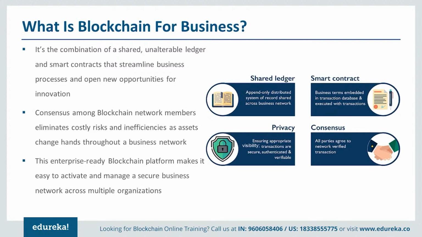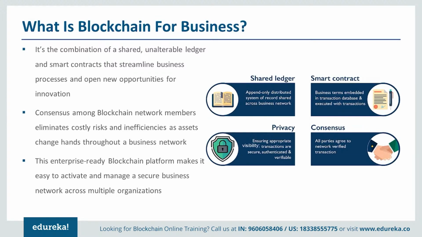One is your shared ledger. Shared ledger is nothing but your distributed ledger, which is the same as any other blockchain ledger, where you are storing all the transactions. Another is your smart contract, which we call chain code. The third is your privacy. So privacy basically means that your transactions are secured. Your data is only visible to the person who is authorized to view that information.